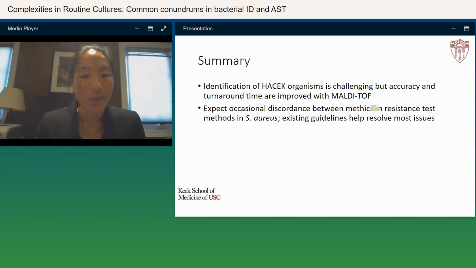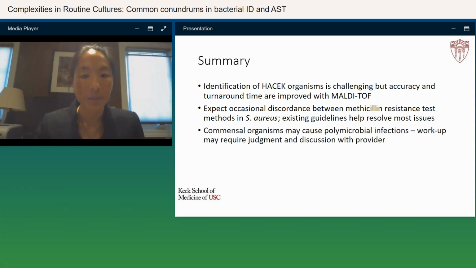And then we reviewed a series of cases of methicillin testing discordance in Staph aureus. And I hope that we learned that we'll see for sure occasional discordance between all the various methods for testing MRSA. And use of existing guidelines can be very helpful to resolve most of our discordant issues.